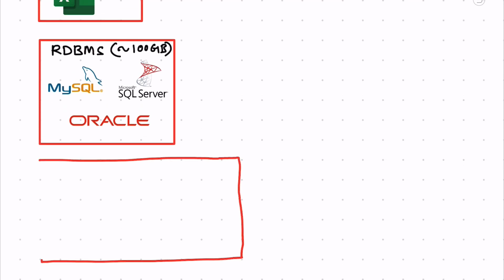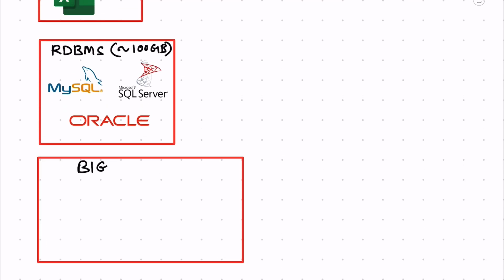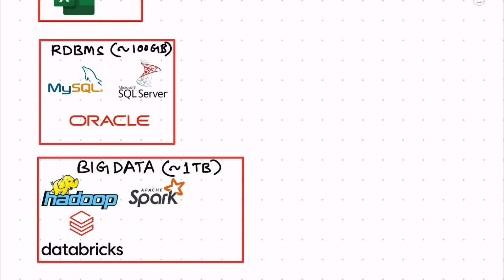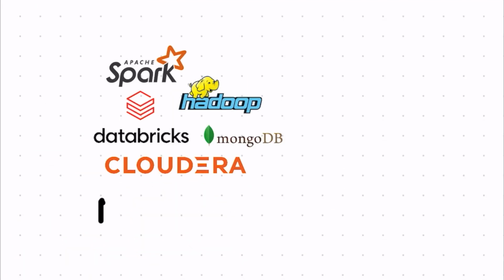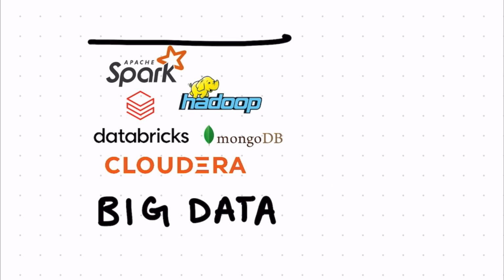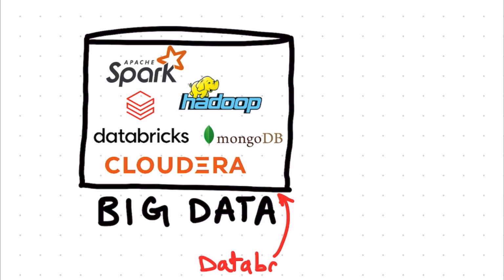Again, if the data is large, like in terabytes, and these relational databases also cannot store them, then we can use any one of the big data softwares like Hadoop, Cloudera, Spark, MongoDB, Databricks, etc. The list is huge. One of the confusions I have seen in students about big data is that they think big data is AI or big data is machine learning. The truth is, big data is just another way to store data.